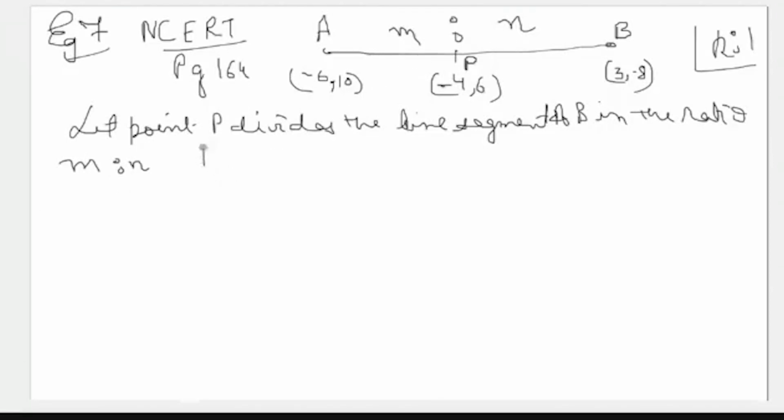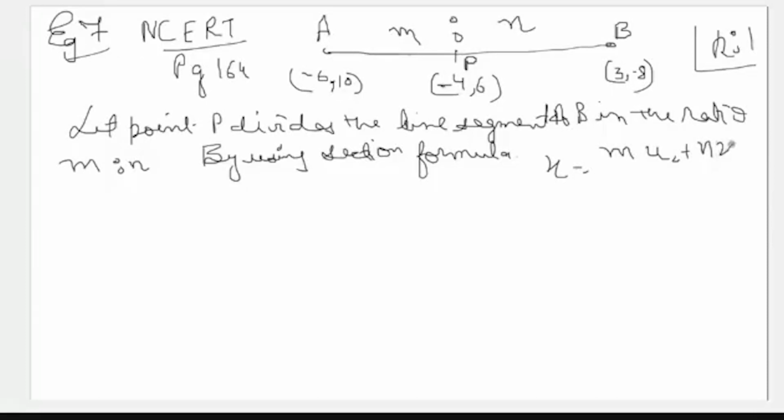Now by using the section formula, we can find the values of m and n. What is the section formula? We know x is equal to (m x2 plus n x1) divided by (m plus n).